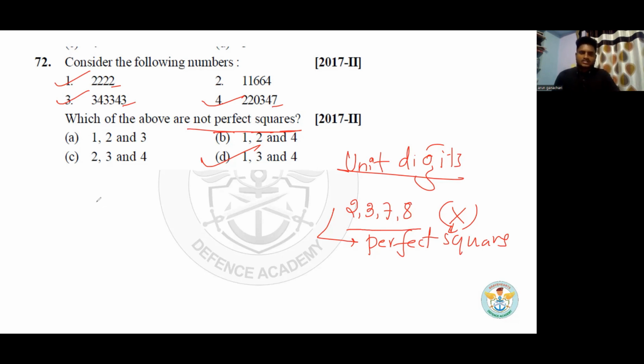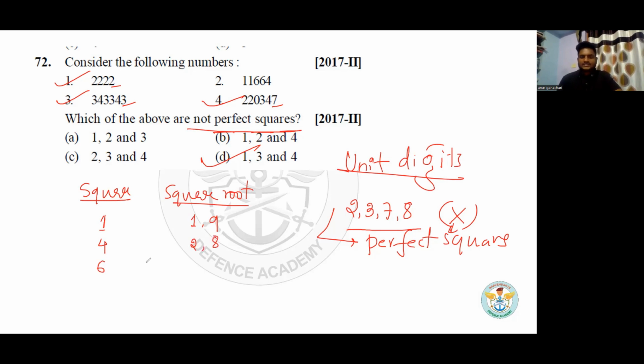How about the other things? Let us write the table again. If the square has 1 as the last digit, what are my possibilities with respect to square root? It can be 1 and 9. If it is 4, it will be 2 and 8.